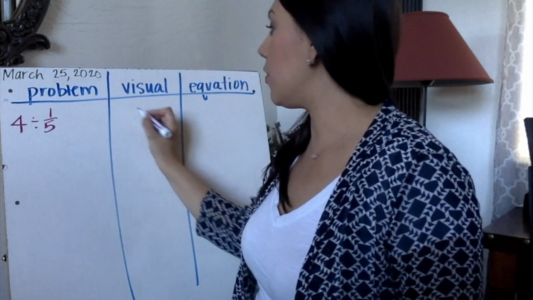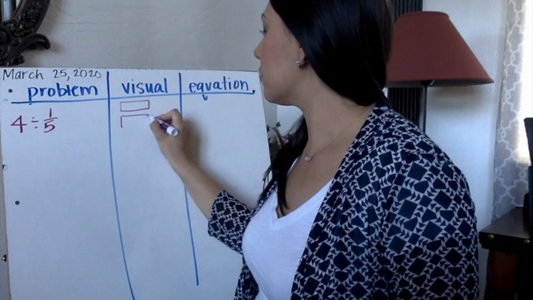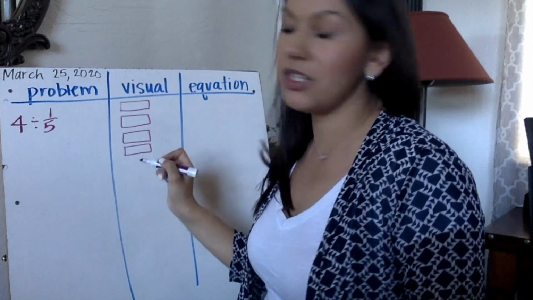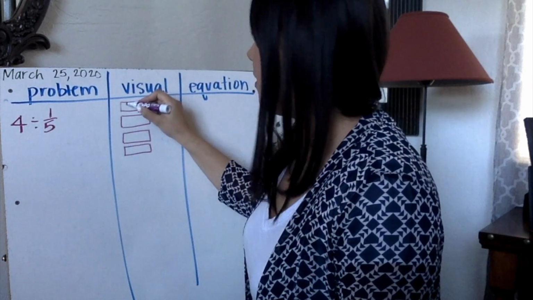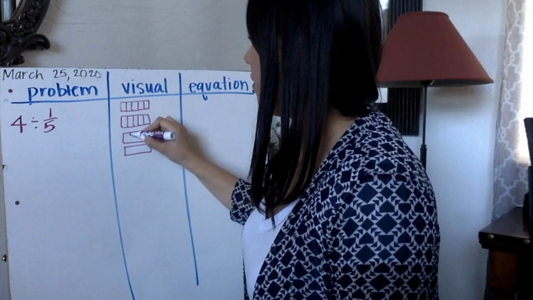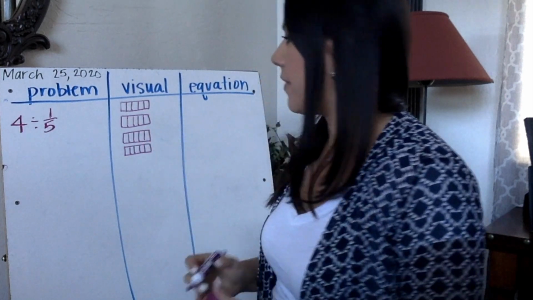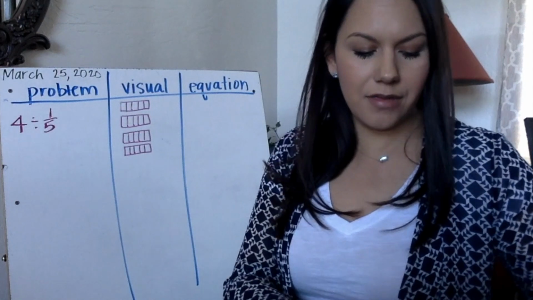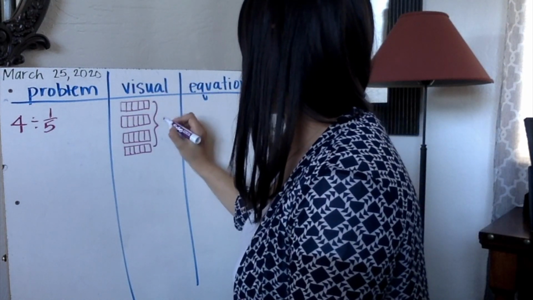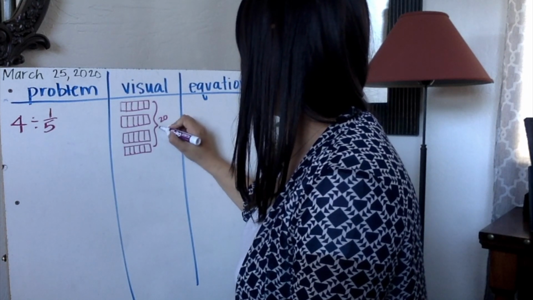Okay, we had our visual of 4 partitioned into fifths, right? 1, 2, 3, 4. Okay, and we knew that that was 20 fifths.